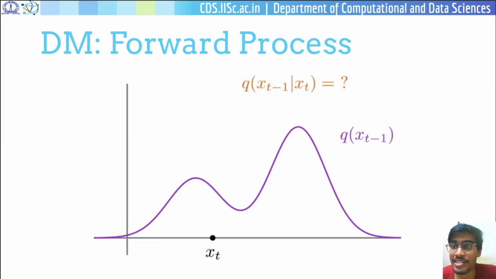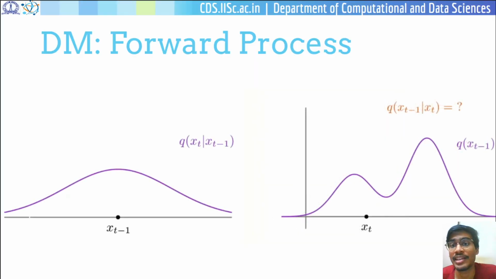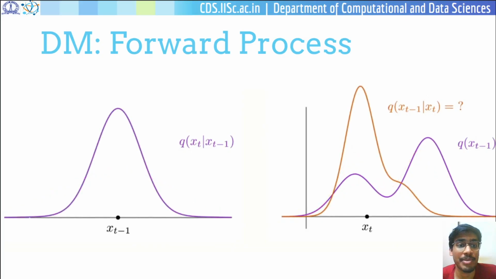What was the previous step of the chain? If the forward noise step, that is q xt given xt-1, is allowed to be large, then we will be quite uncertain about the location of xt-1. Who knows where we jumped from? But if the forward noise step is restricted to be small, there is much less ambiguity about xt-1, as can be seen in the figure.